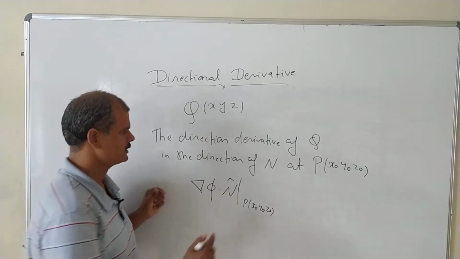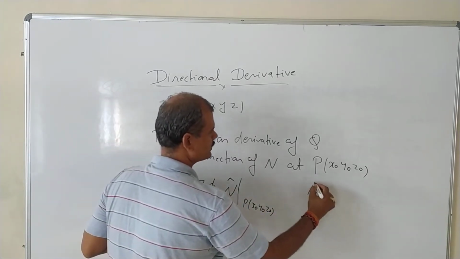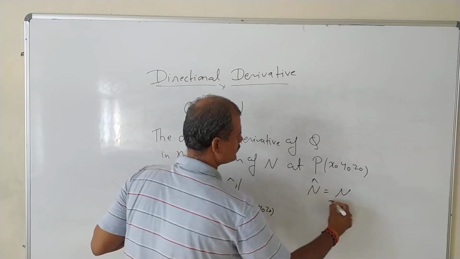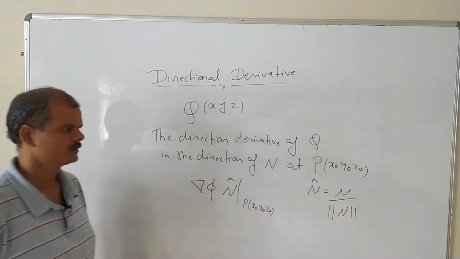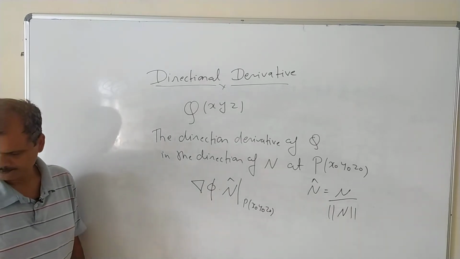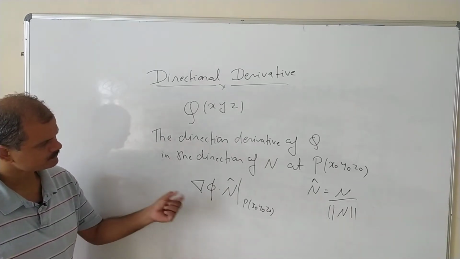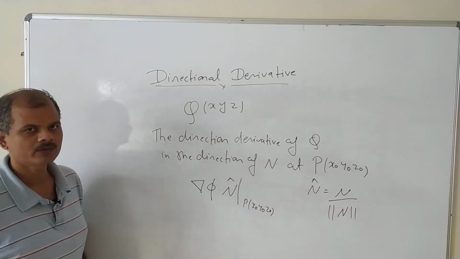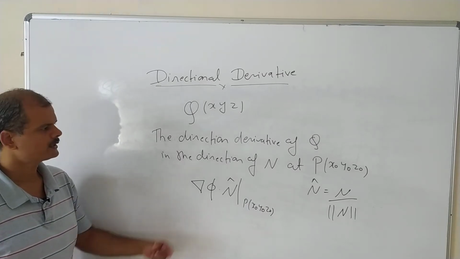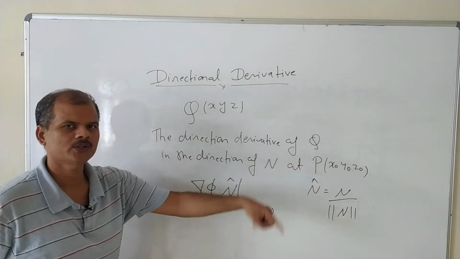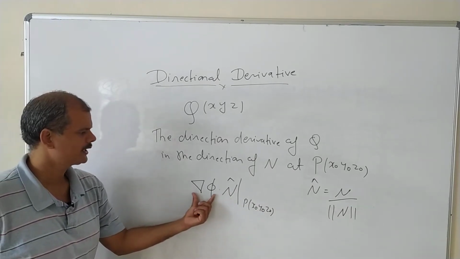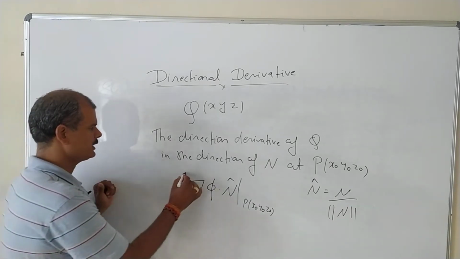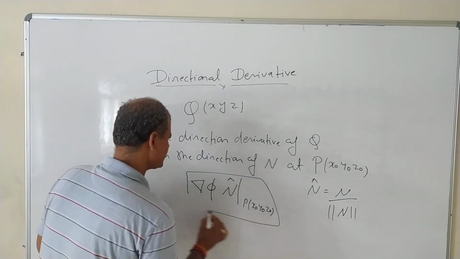Unit direction means your n cap will be nothing but n divided by its modulus, its magnitude. We define n cap as the unit vector. So for the given direction we find the unit vector and take the dot product with the gradient of phi. This will give your directional derivative.